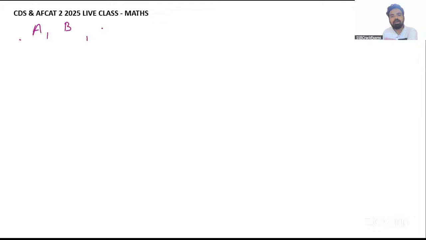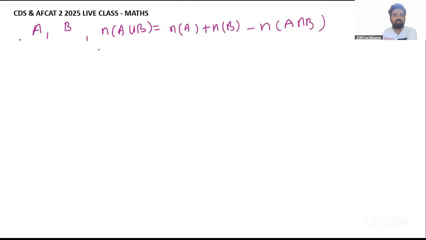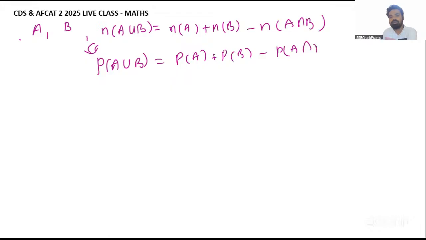Then always remember n of A union B is equal to n of A plus n of B minus n of A intersection B. From here you can conclude that probability of A union B is probability of A plus probability of B minus probability of A intersection B.